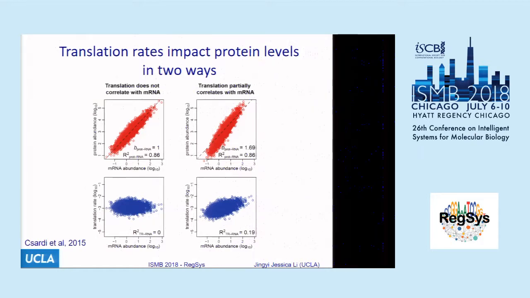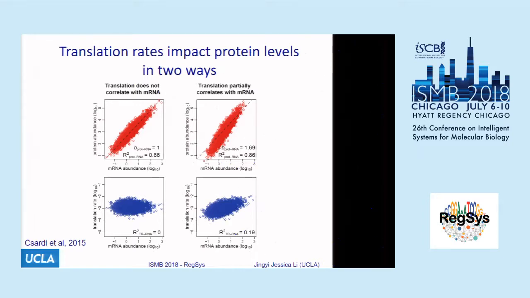This is another paper from Csárdi et al. in 2015 in PLOS Genetics. This paper raised a very interesting point: the previous assumption that translation rates and mRNA expression are uncorrelated, or that biologists think they are independent, may be questionable.